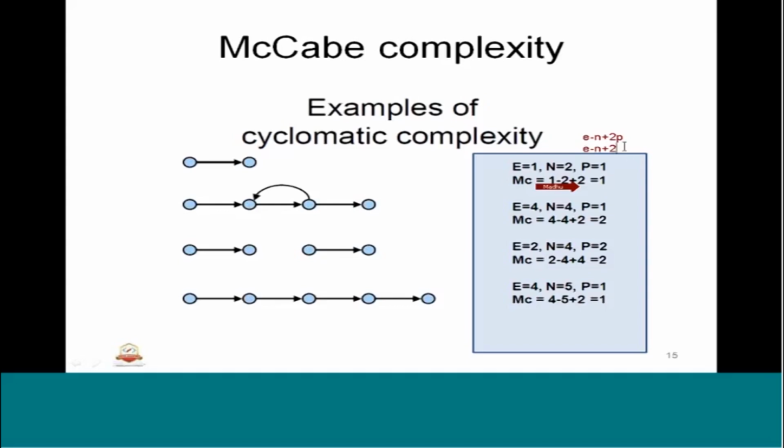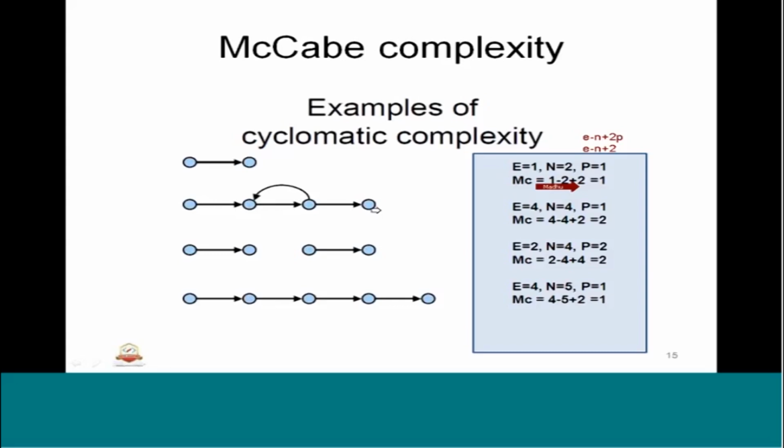P is the connections, so one connection is there. The default is 2, so it will become 1. Complexity is 1. In this case, the flow between different nodes, we can see it will go this way, it will reach here, there is some condition, it will come back here, it will go again. So like this the flow is there. So what is the complexity of this program? You can understand this is something like a for loop or if condition, whatever it could be, but the flow is something like this.